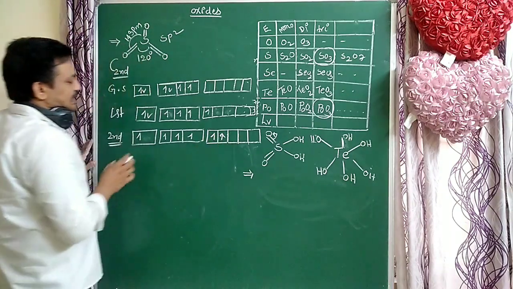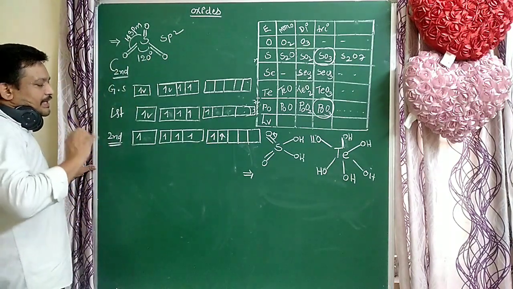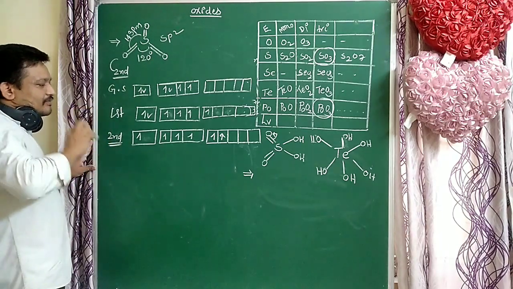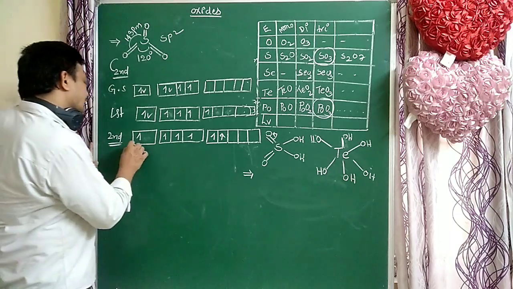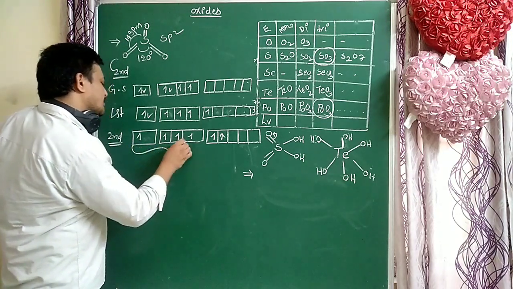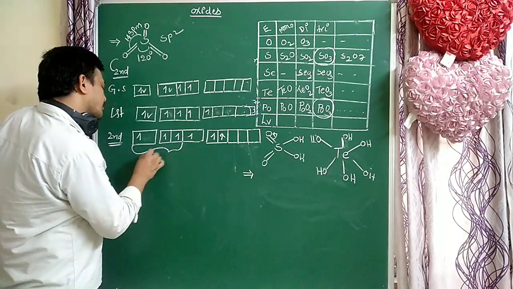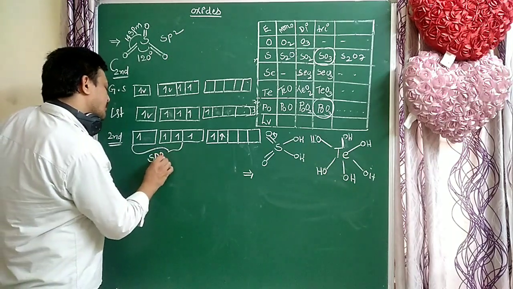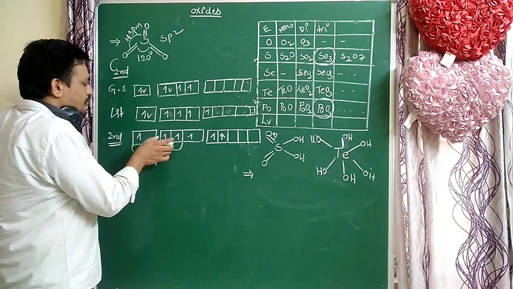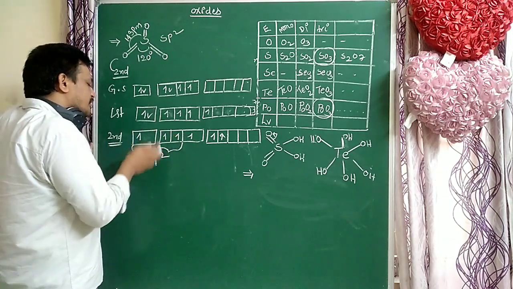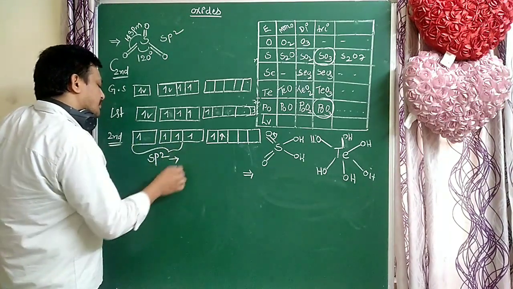In the second excited state six single electrons, six unpaired electrons, are involved in bond formation, so six bonds are formed. One s orbital and two p orbitals are involved in hybridization to form sp2 hybrid orbitals.